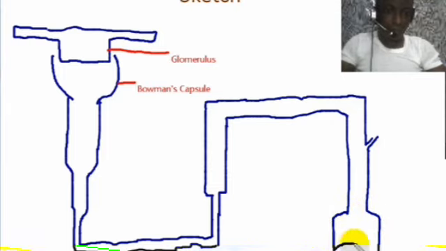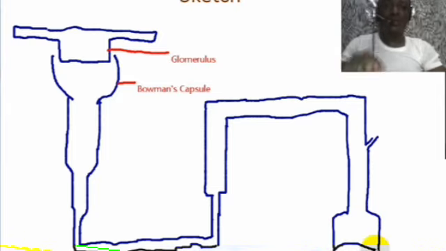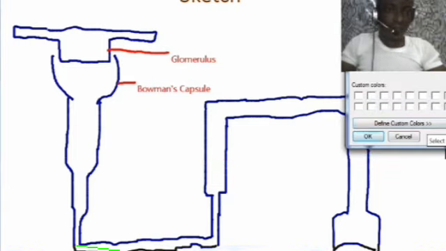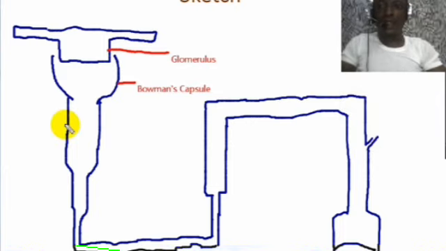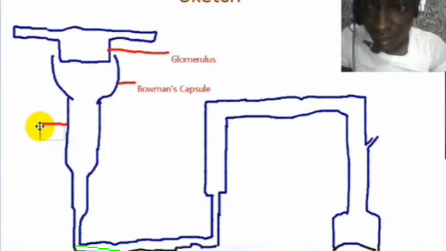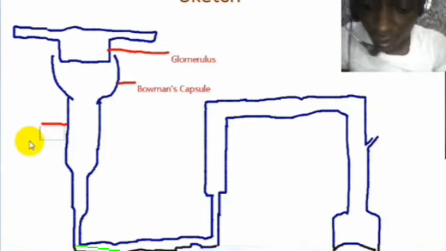Fantastic. This is what the nephron looks like. So let's label them. This part of the nephron is known as the PCT, the proximal convoluted tubule.